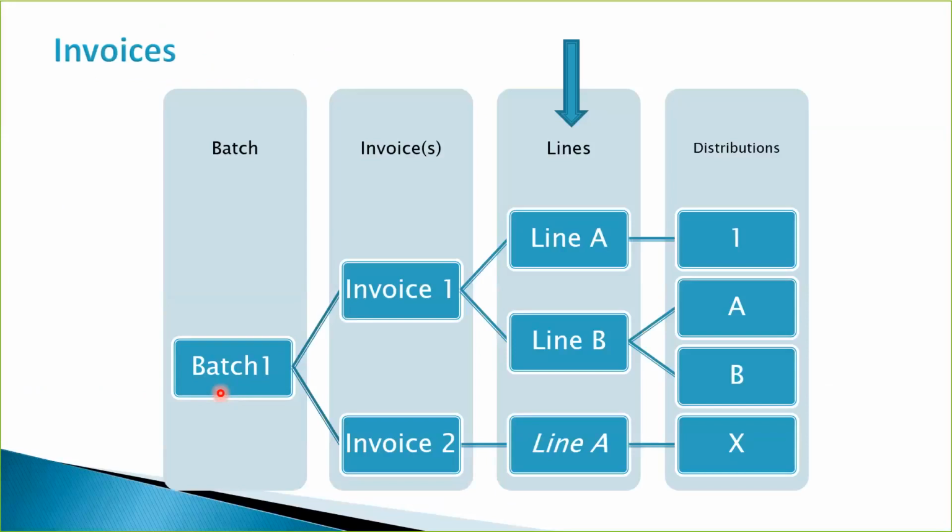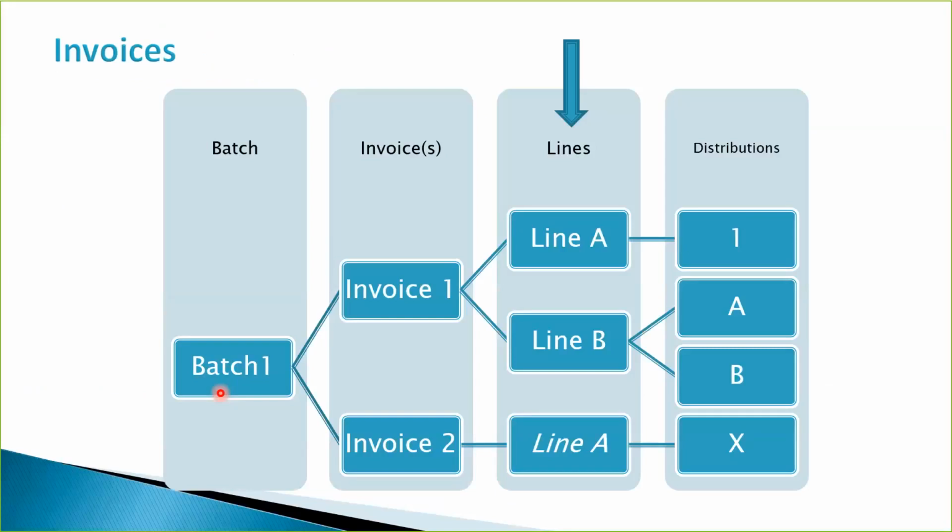At the very highest level, we have a batch. A batch can contain one or more invoices. An invoice can contain one or more lines, okay? And then the lines will have one or more distributions, okay?